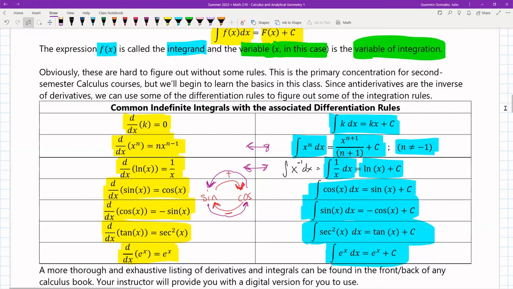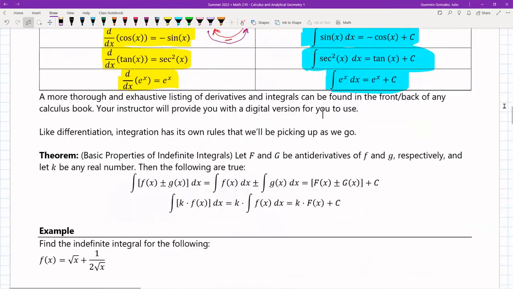So these are just a couple of the rules that we're going to be using. There are many, many more. A more thorough and exhaustive listing of the derivatives and integrals is usually found either at the very front or the very back of a textbook. Okay, they're usually thick pieces of paper that sometimes you can tear out.